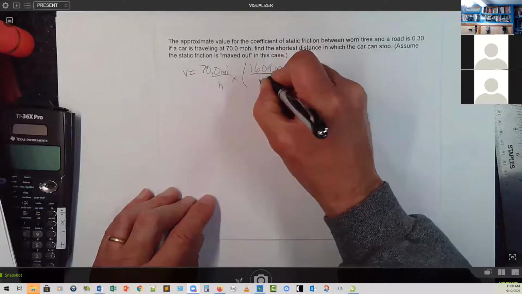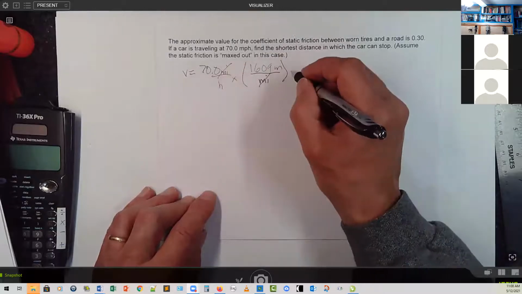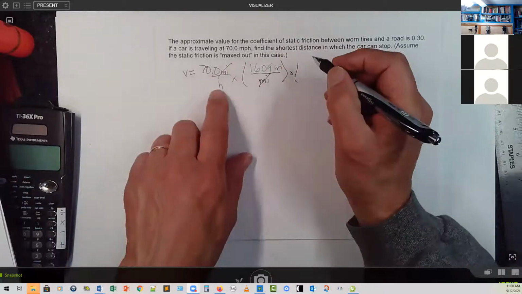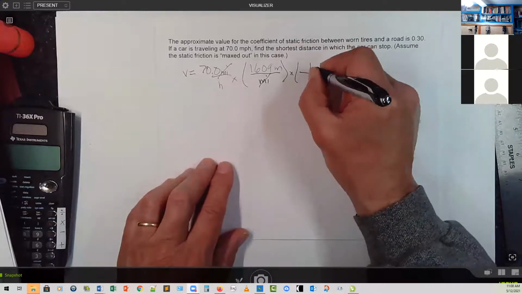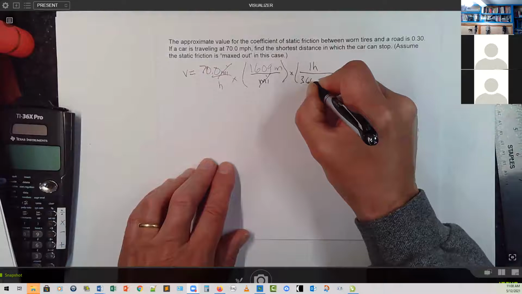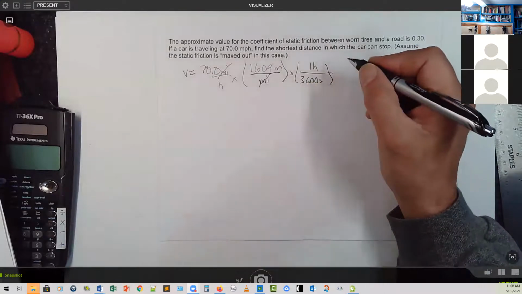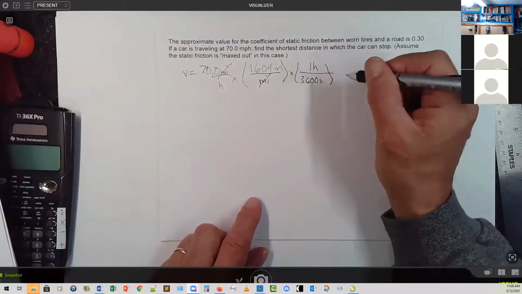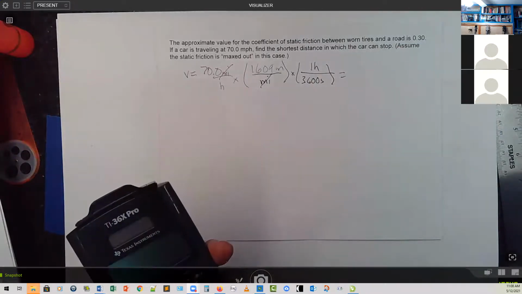That many meters in a mile. And so you can see our miles are going to go away. And then I want to convert hours to seconds. The hours are on the bottom, so I stick it up here. And there are 3,600 seconds in an hour, 60 minutes, and each minute has 60 seconds. And it's just a number I remember. So that'll be some number of meters per second.